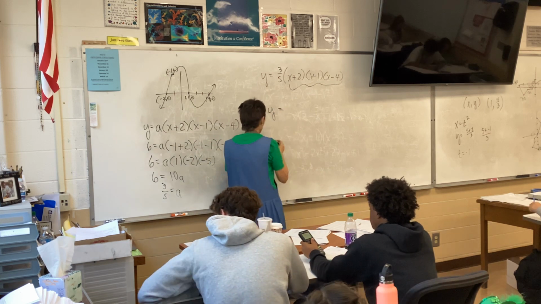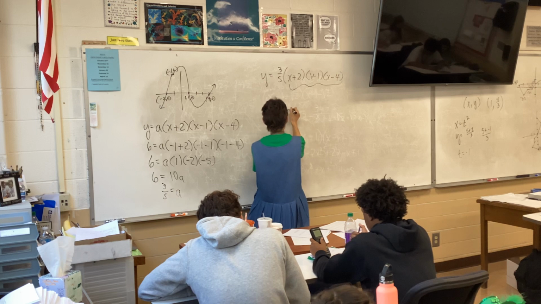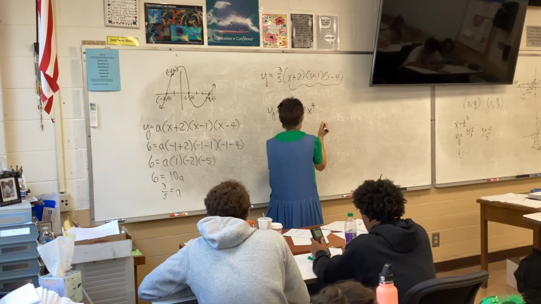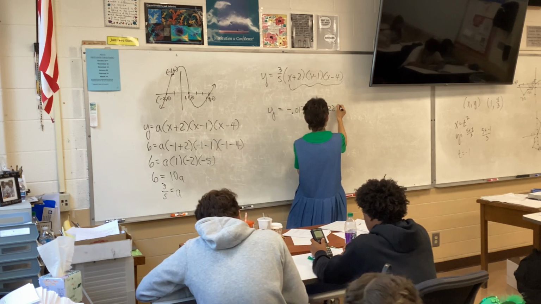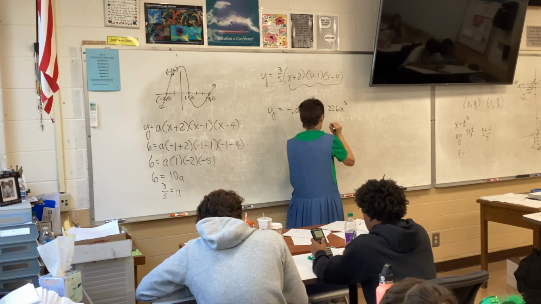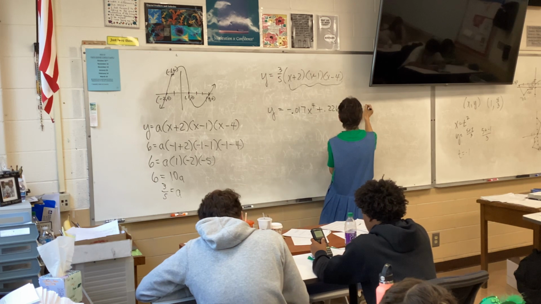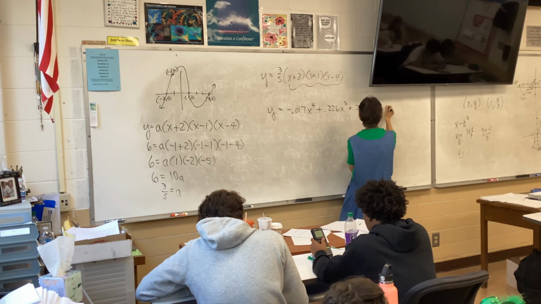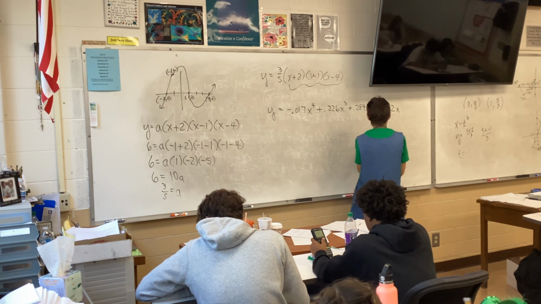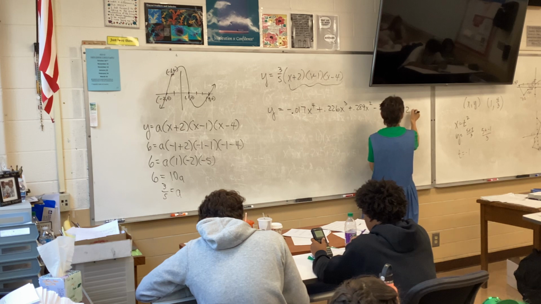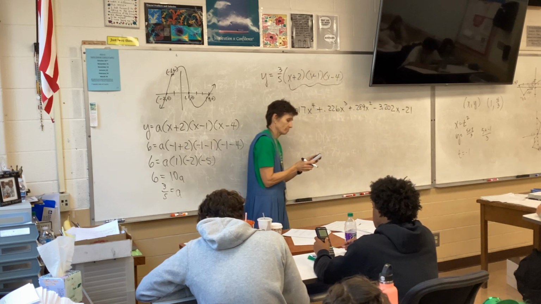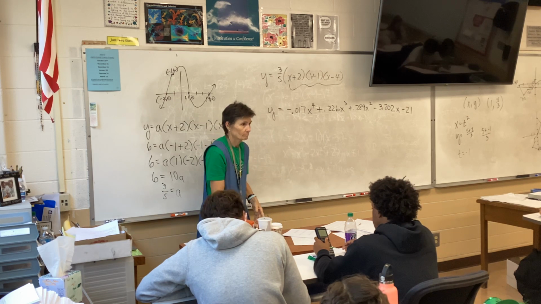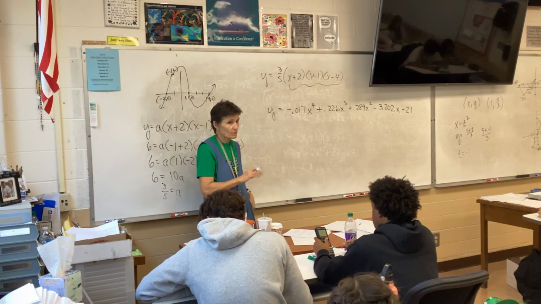So y equals a, which for me is negative 0.017, I'll just round off to the thousandths, x to the fourth, plus 0.226 x cubed, plus 0.289 x squared, minus 3.202 x, minus 21. Are those numbers remotely correct?